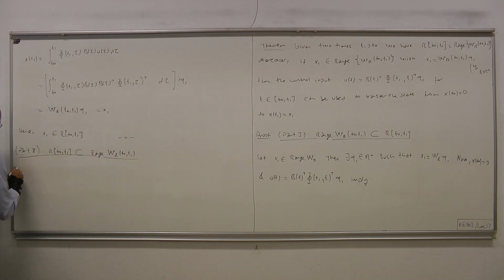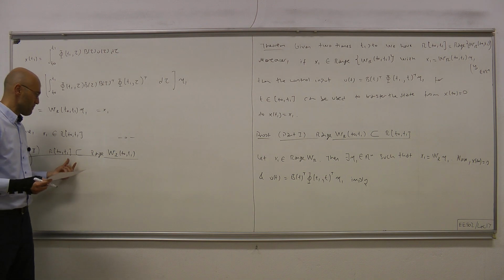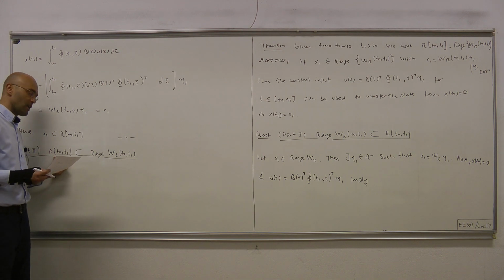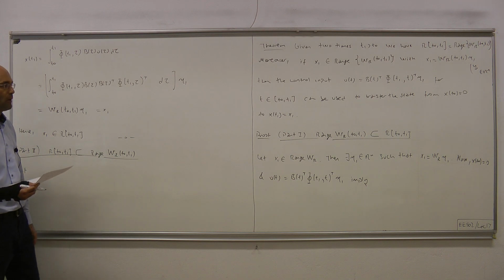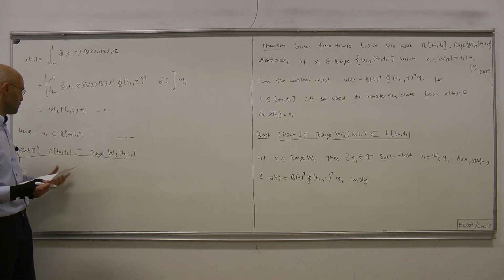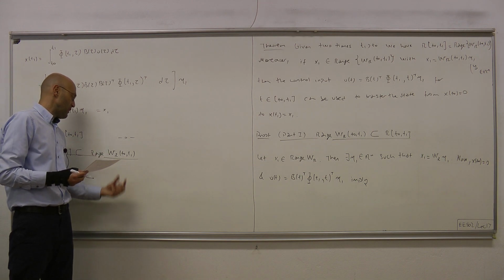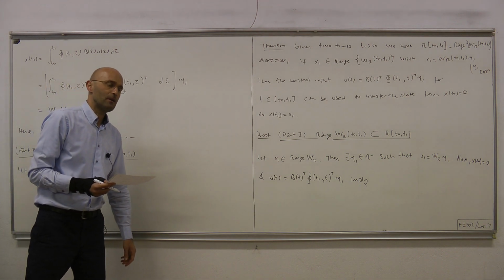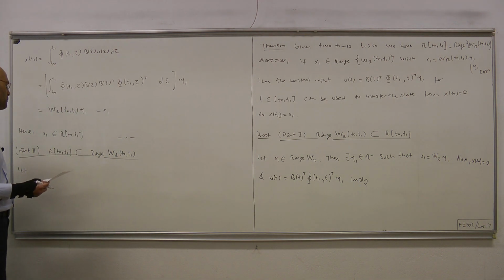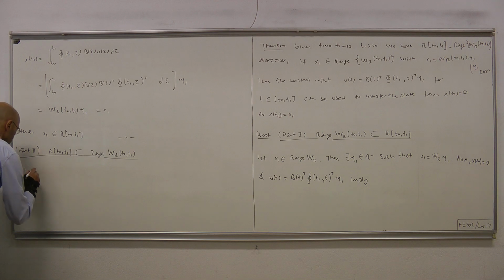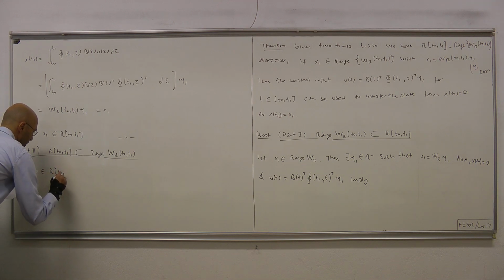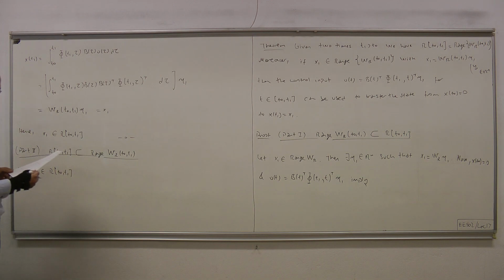Okay, so this time we're going to do the same thing. That is, we will start with an arbitrary point from the reachable subspace, and we're going to show that that arbitrary point must also be an element of the range space of the Gramian, and that will establish what we want to establish. So let therefore x1 be an arbitrary vector from the reachable subspace.